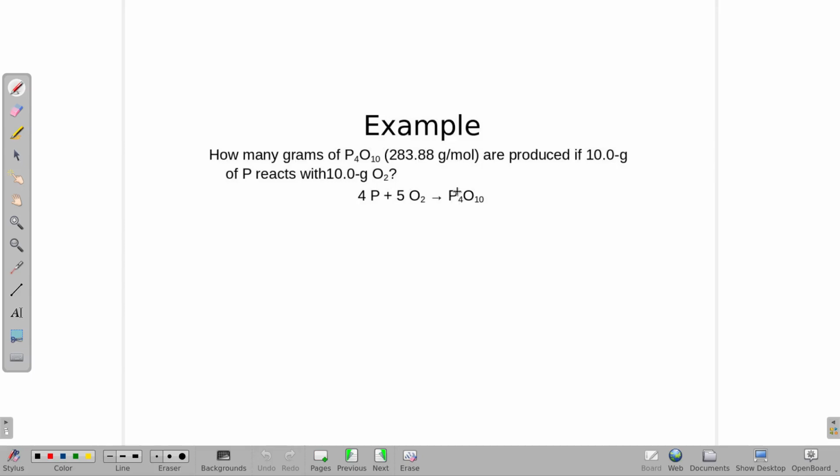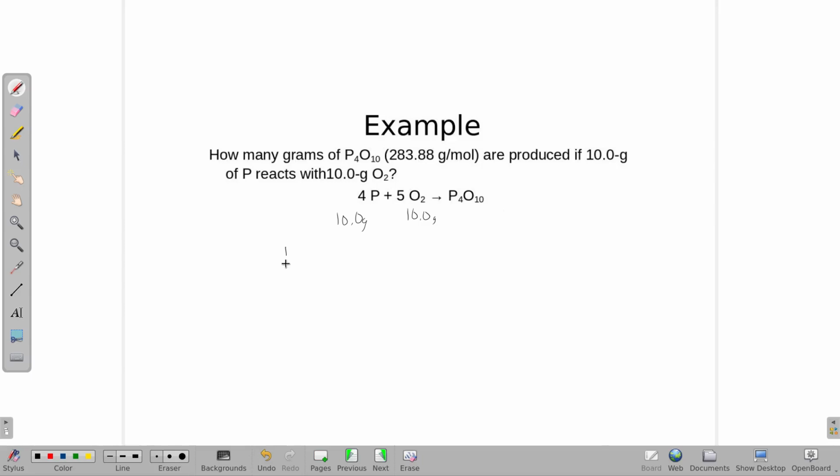This one's going to take more than one calculation, more than likely. Well, definitely 2 calculations. All right, I have 10 grams of oxygen and 10 grams of phosphorus. I want to know how much P4O10 I can make. We are going to have to find the limiting reactant, because we have to figure out which one we run out of first, the phosphorus or the oxygen.